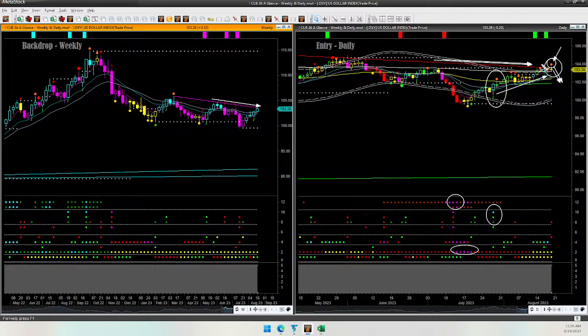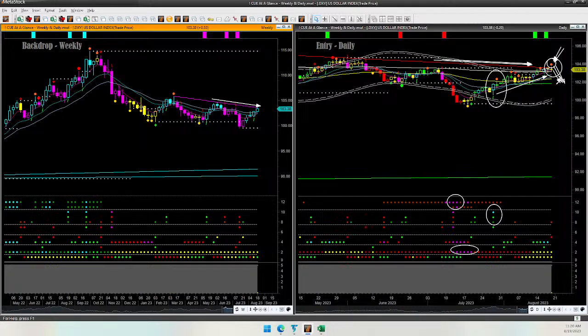But now it is at trendline resistance with bearish indecision. That is a reason for me to be at least neutral, maybe slightly bearish on dollar, and therefore more bullish on the market. So I want to keep that in mind as I go forward.